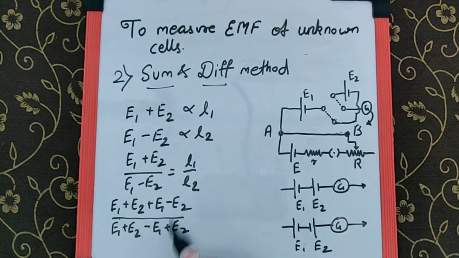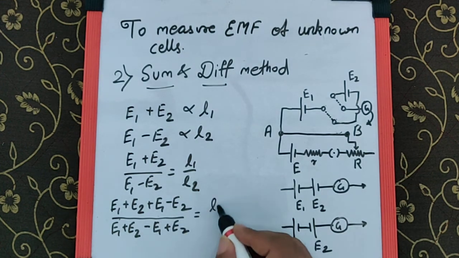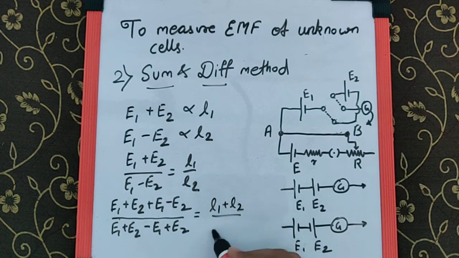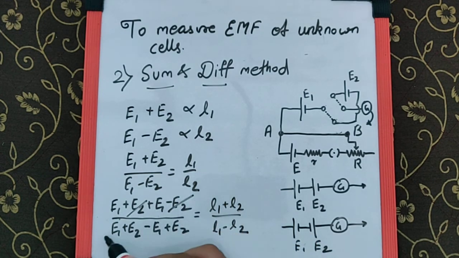This is called componendo and dividendo. Over here we get L1 plus L2 upon L1 minus L2. Over here E2 gets cancelled and over here E1 gets cancelled. This becomes 2E1, this becomes 2E2, and in the ratio 2 gets cancelled. So finally we get E1 by E2 as L1 plus L2 by L1 minus L2.